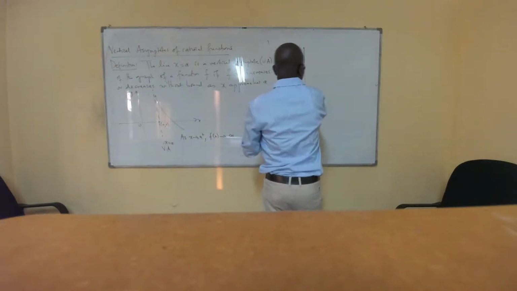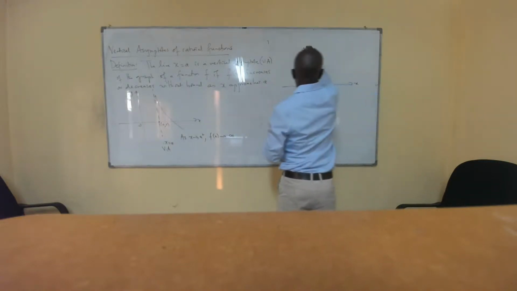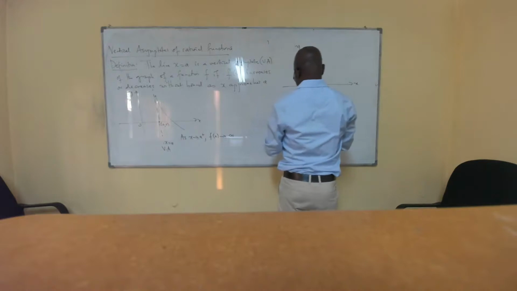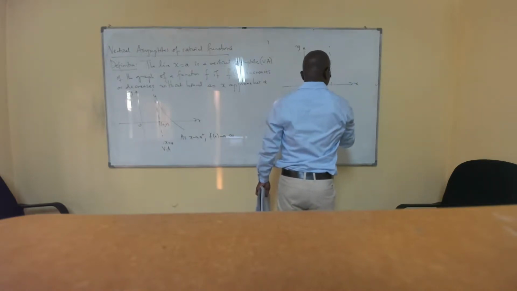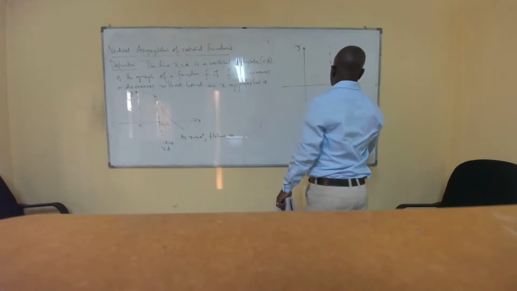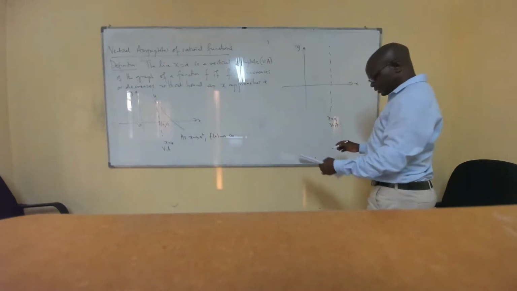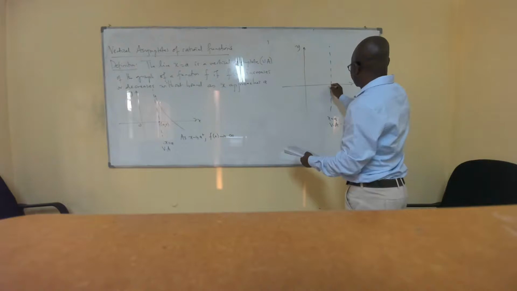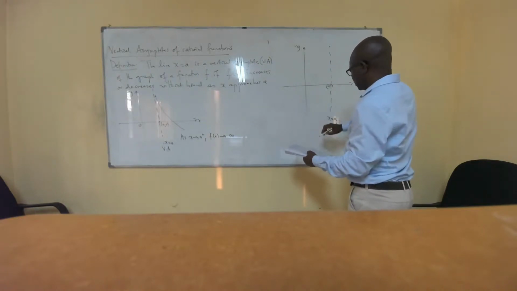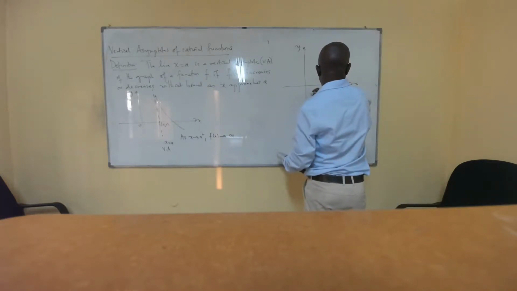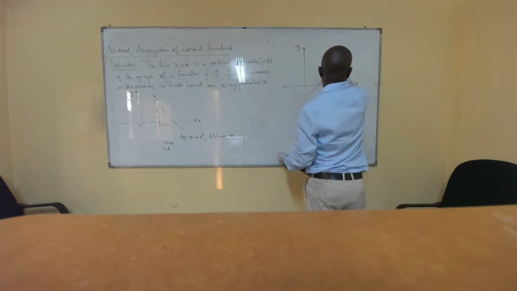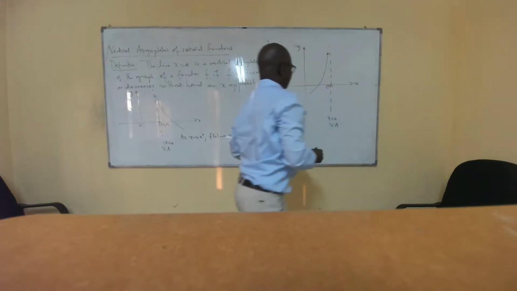We can also approach a from the left, and how does it look? This is your x, this is your y, and this is the vertical asymptote. This is your a comma 0, which is this point. When we approach it from the left, we expect this is what is happening.